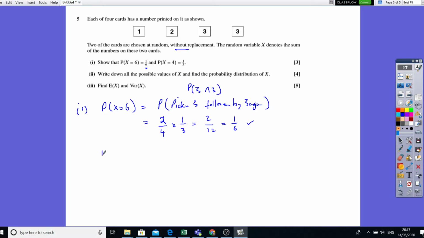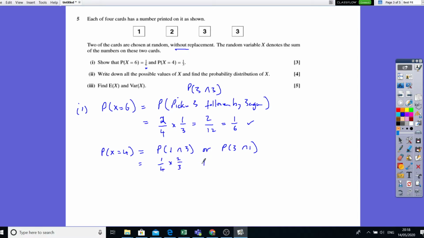Now it goes, show that the probability the sum equals 4. Now the way to make 4, you could pick a 1 and then a 3, or you could pick a 3 and then a 1. Picking a 1 and a 3 will be, picking a 1 is 1 out of 4, times getting a 3, there are 2 3s out of 3 cards left.